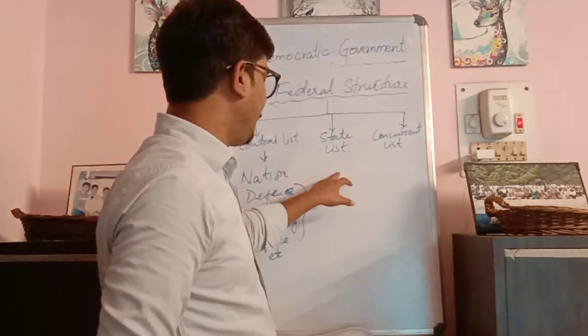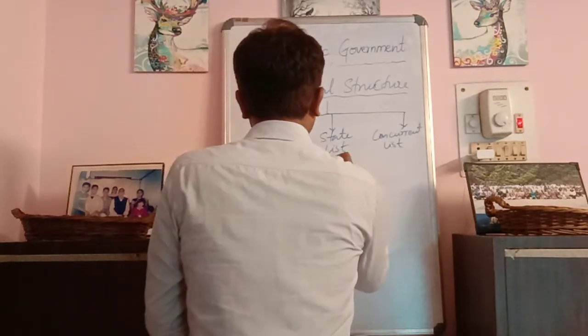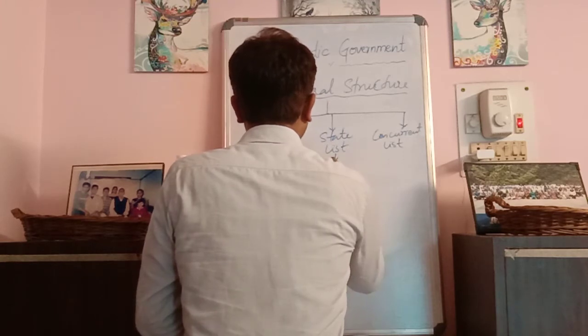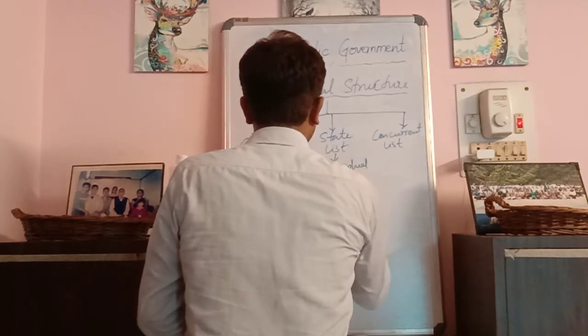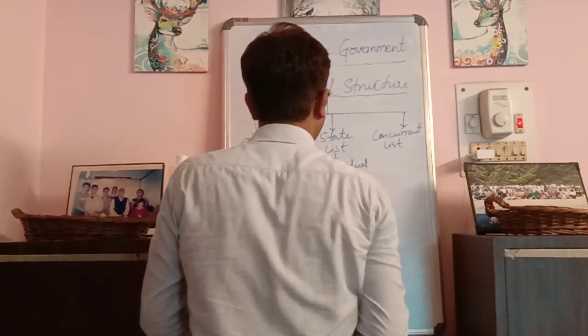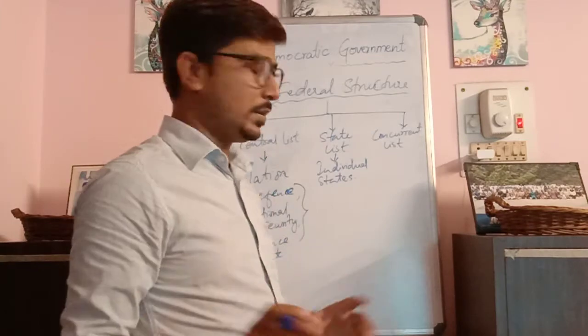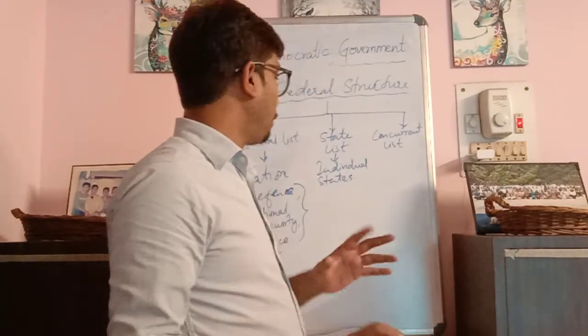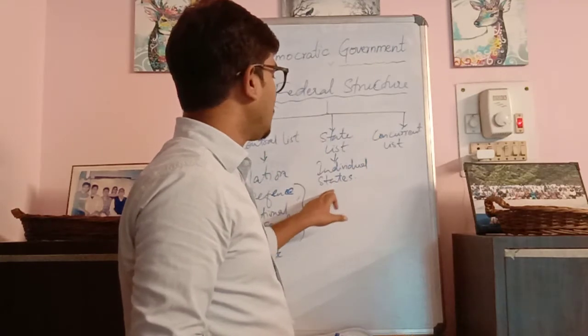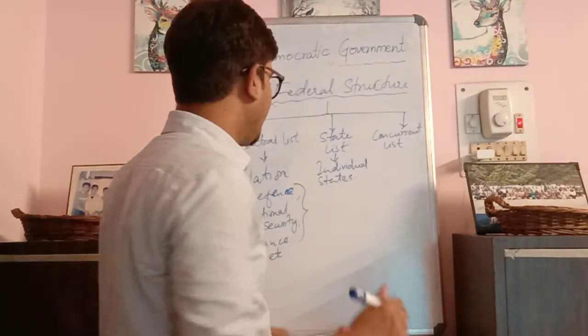Now the state list, these are some of the things which are related to individual states. As I told you, we have 29 states and 7 union territories, according to which the state list comes under the individual states. And what does it cover?